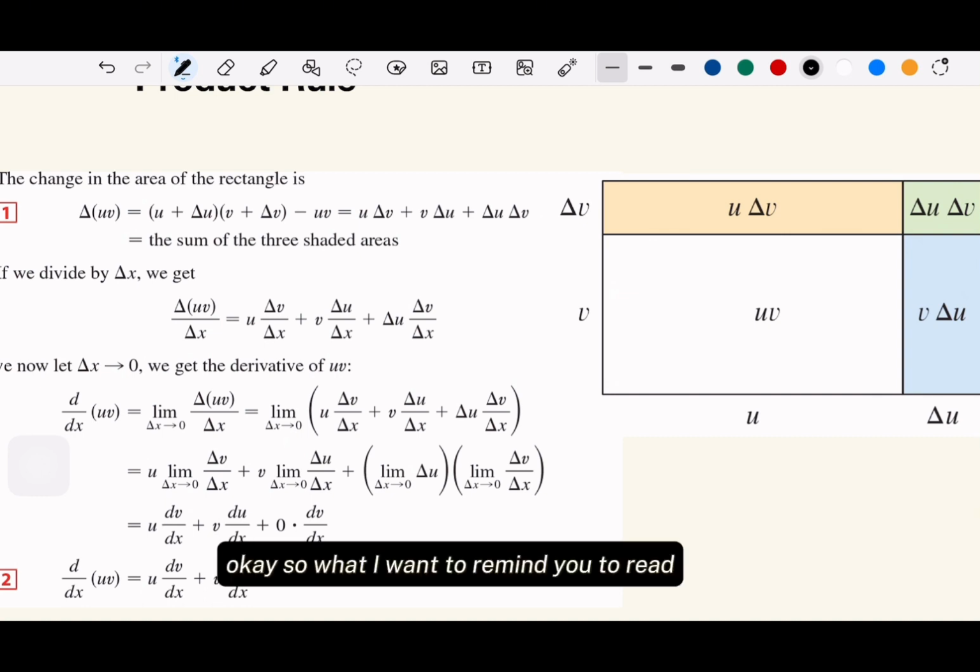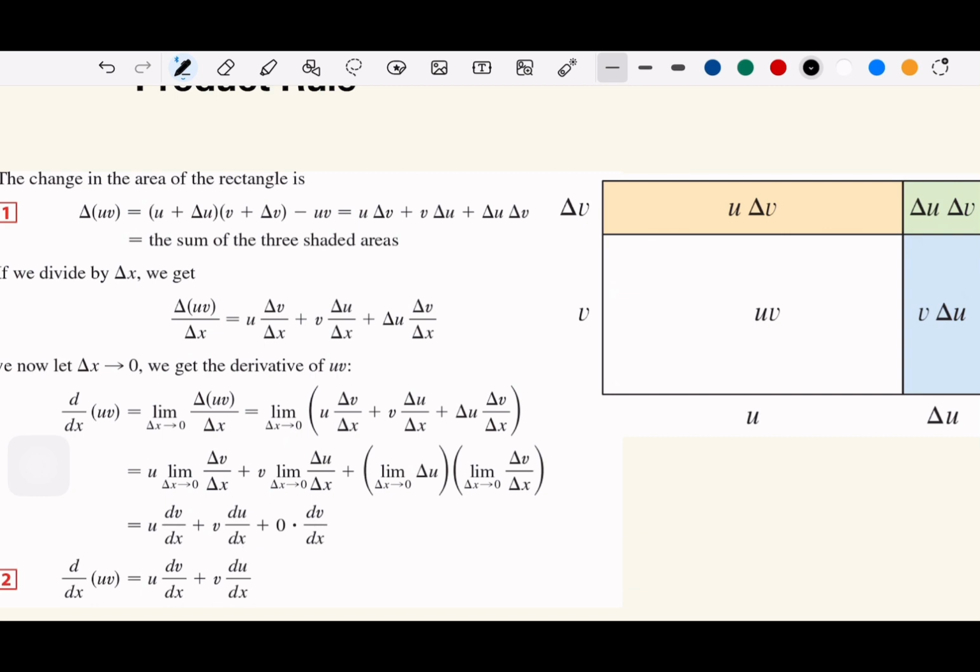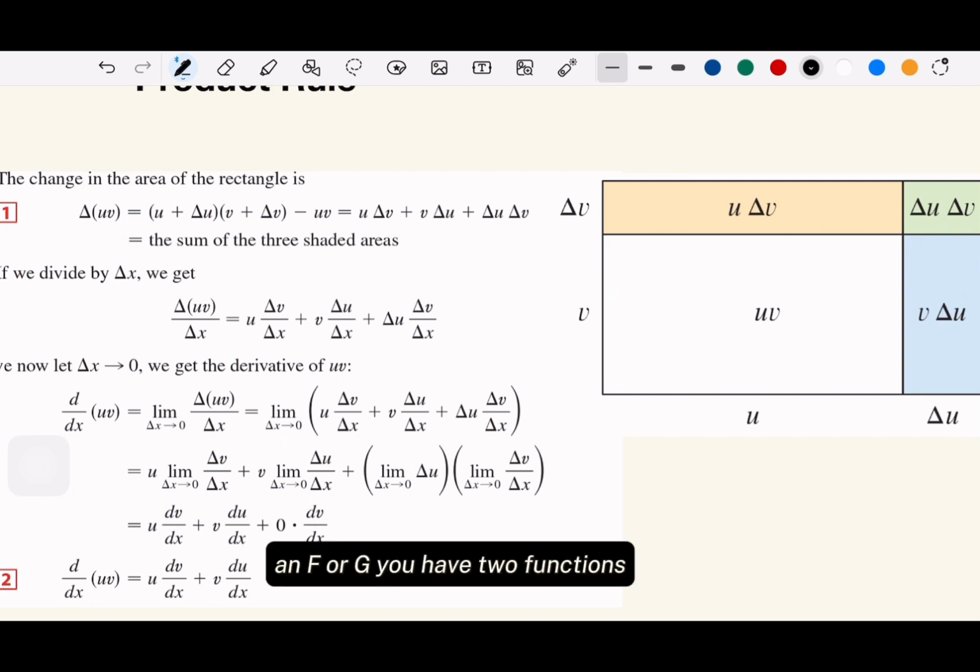But what I want to remind you to at least realize is that we have this pattern here. Every time you have a function like f or g, you have 2 functions, you are going to multiply these 2 functions, and at the same time, you are going to differentiate these 2 functions. So when you are differentiating these 2 functions, you are going to apply these rules all the time.